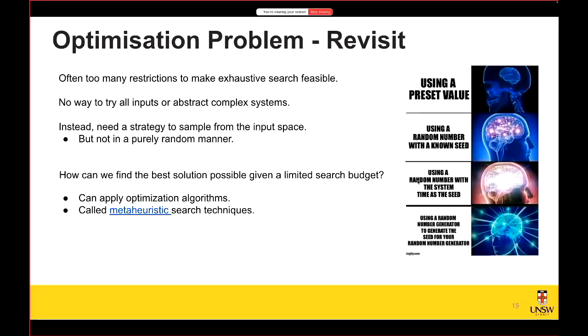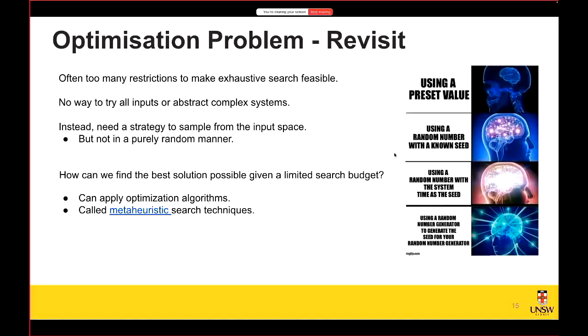And then we can also try to improve it by using the system time as the seed, right? And then we can also try to use a random number generator to generate the seed for using the random number generator to generate another number. And this is like meta-heuristic.